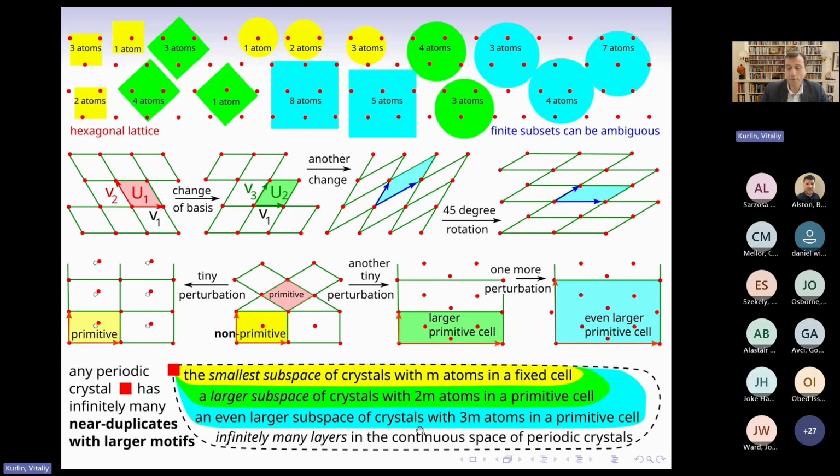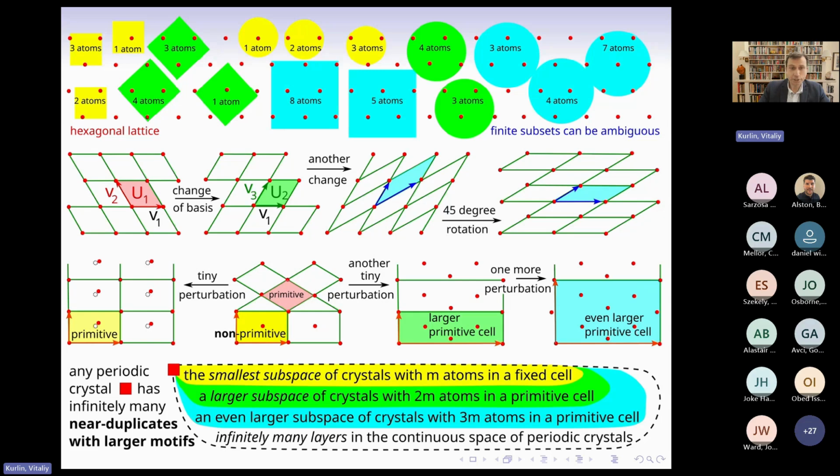So as a result, our space of periodic structures is actually very complicated, because every periodic crystal here is a singularity. So a totally singular space, because we have intersections of all the spaces at every point.